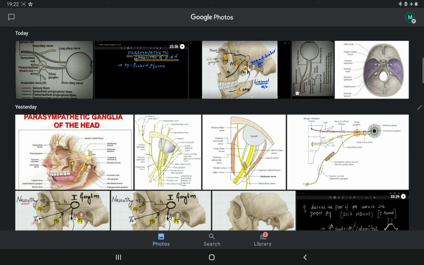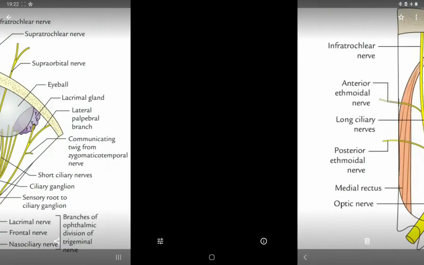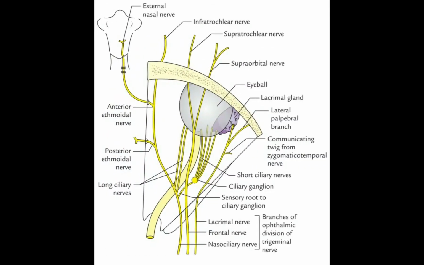So now you can see other diagrams also. Here you can see this is the orbit, and this is the apex of the orbit. This much portion is the apex of the orbit. And here you can see the optic nerve.